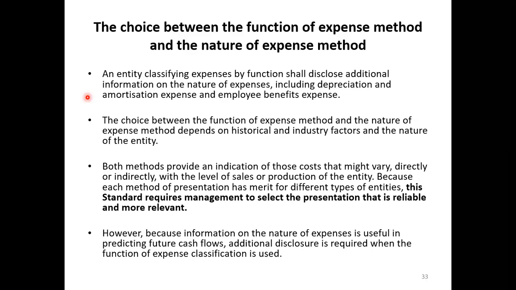So when we look at the income statement that was prepared based on the nature of expenses, it will give more information, more detailed information, but that information may not be relevant for external stakeholders. But from the point of view of management, that classification is more meaningful and more relevant.